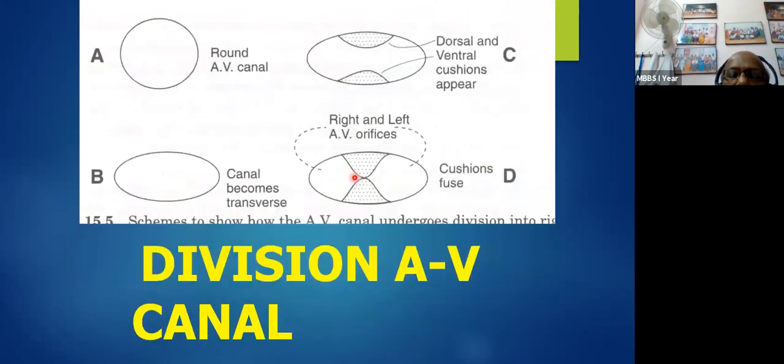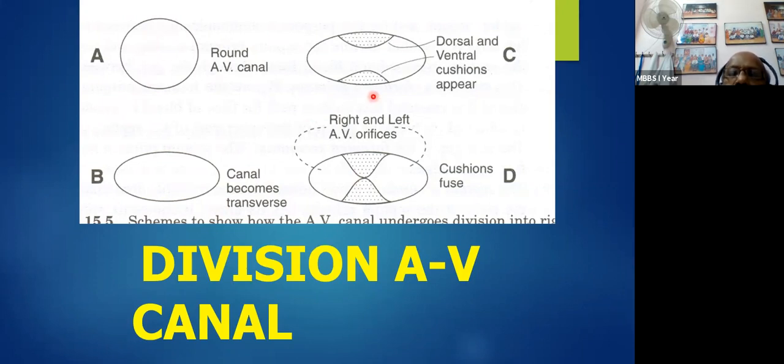At the same time, what happens? You already know the ventricle and the atrium are getting separated as right half and left half. Where we have formation of a septum, that we will see in detail. At the same time, we have separation of the atrioventricular canal also. This is before the formation of the septum.